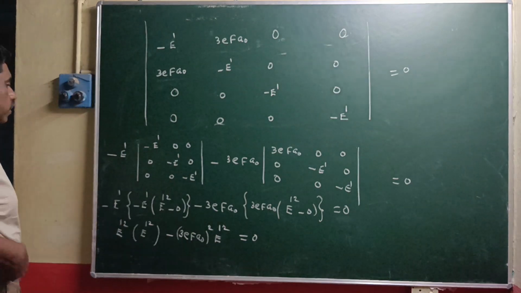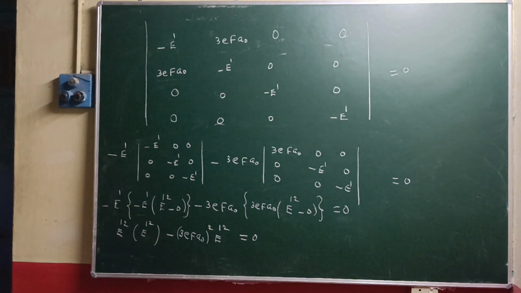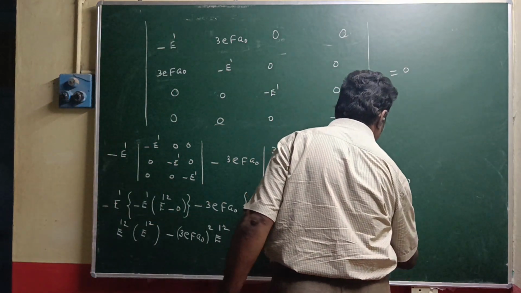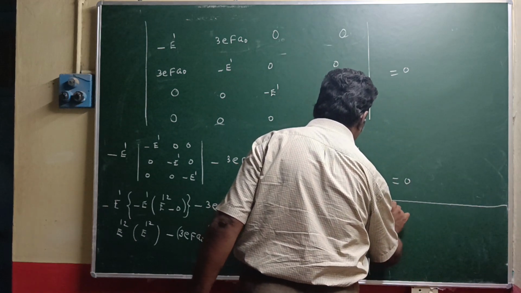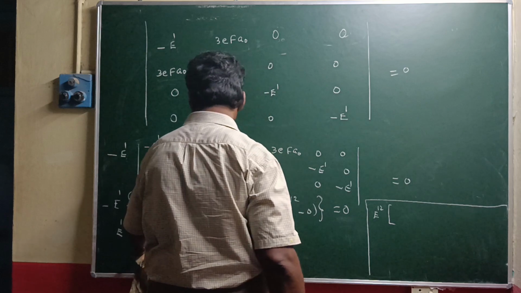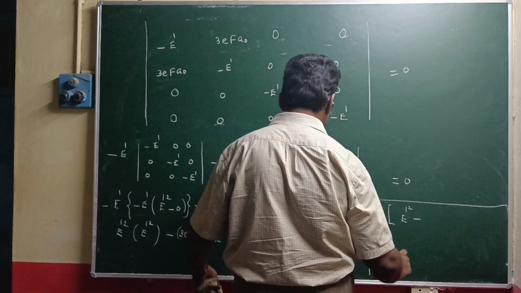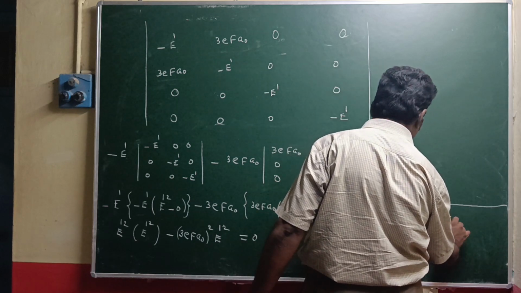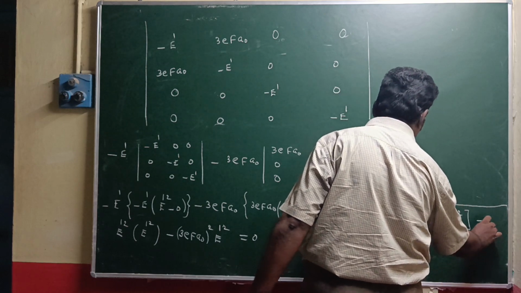Now we have to simplify this further. Taking E1 square out as a common term, we get E1 square into the bracket E1 square minus 3eF a0 whole square, which is equal to 0.